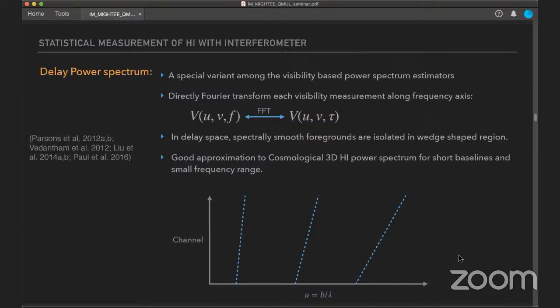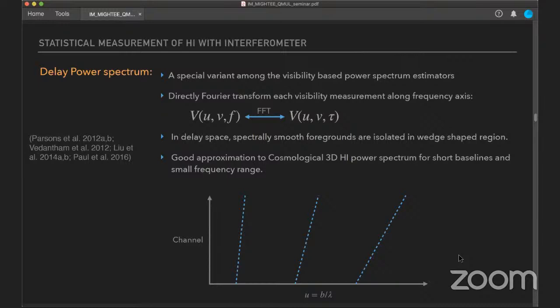It's a special variant among the visibility-based power spectrum estimators, where you directly Fourier transform the visibility that is measured per baseline along the frequency axis. An inherent advantage of such a delay power spectrum is that in the delay space, the spectrally smooth foregrounds are isolated in a wedge-shaped region, and we'll see in later slides how that makes our life easier in terms of foreground isolation.